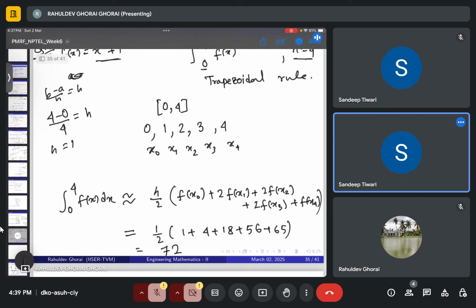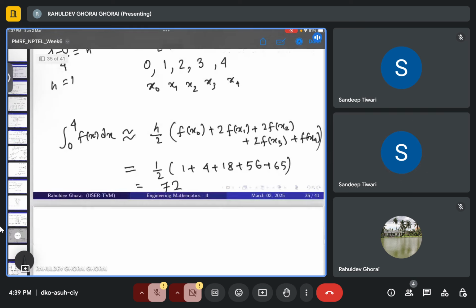So 144 over 2 is 72. Okay, that is using the trapezoidal rule.